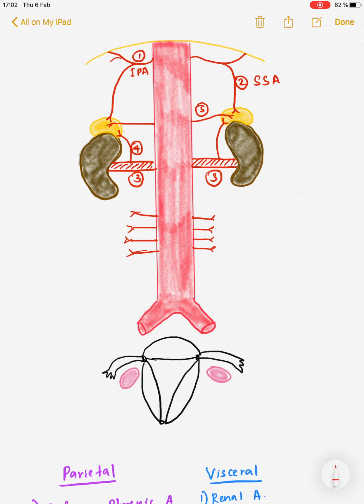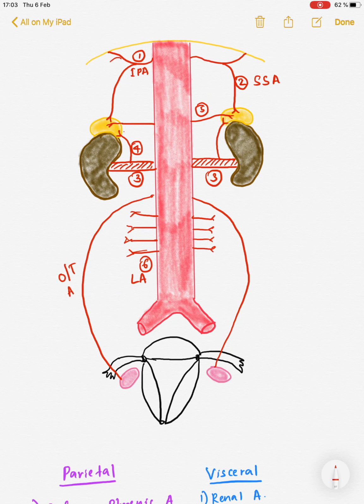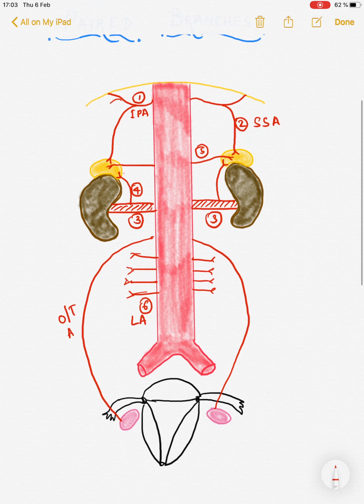And then we will have the ovarian or the testicular arteries. So here the lumbar arteries I will put number 6. So those are the lumbar arteries. And here we will have ovarian or testicular arteries.